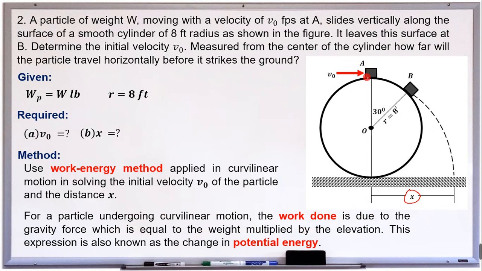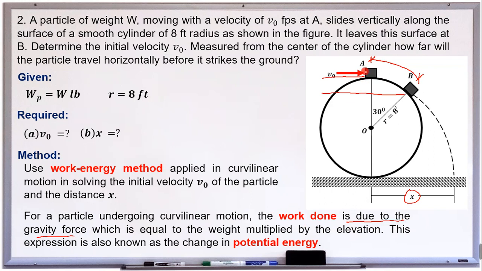Now in our diagram right here, the displacement of the work does not necessarily mean the angular displacement or the arc length from this position to this position, but rather it only considers the change of elevation between these two positions A and B, if the work done is due to the gravity force.